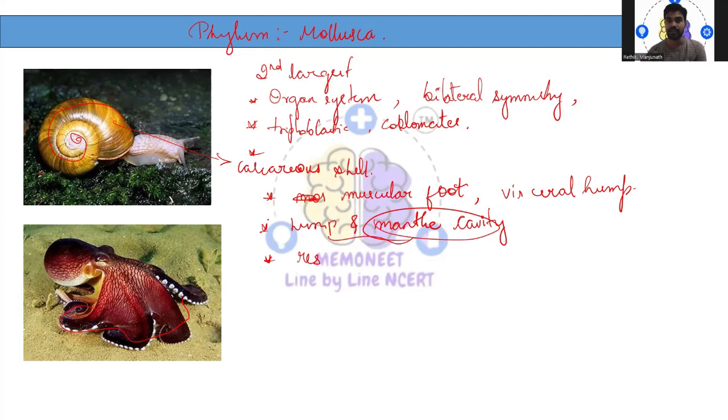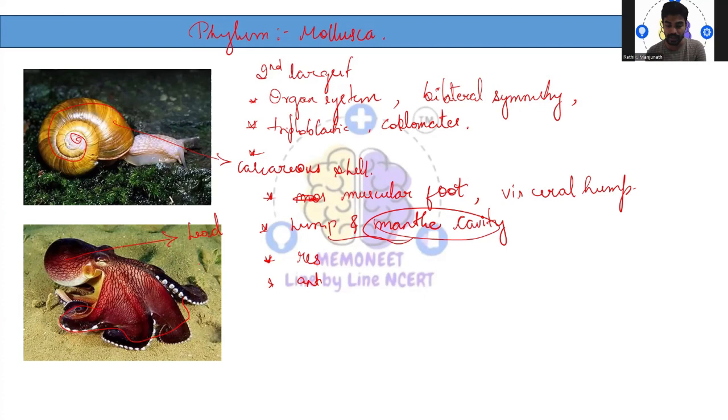After the respiratory system and excretory system, you will see the head region, that is anterior. The head region possesses sensory tentacles.